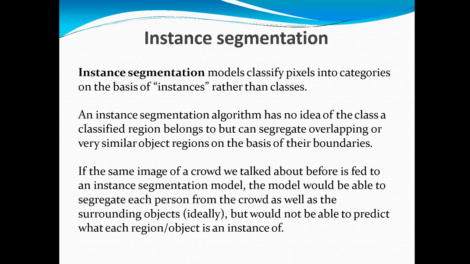If the same image of a crowd we talked about before is fed to an instance segmentation model, the model would be able to segregate each person from the crowd as well as the surrounding objects ideally, but would not be able to predict what each region or object is an instance of.